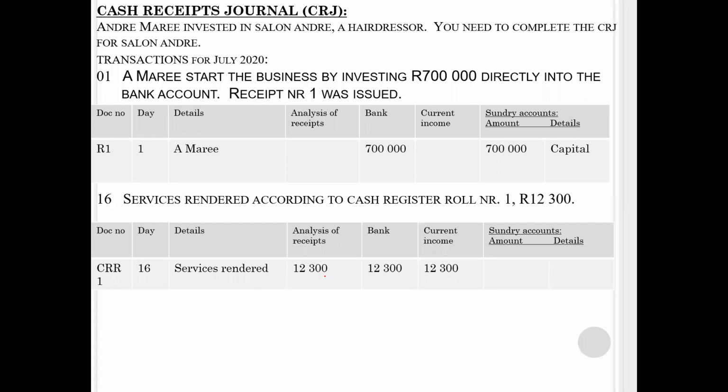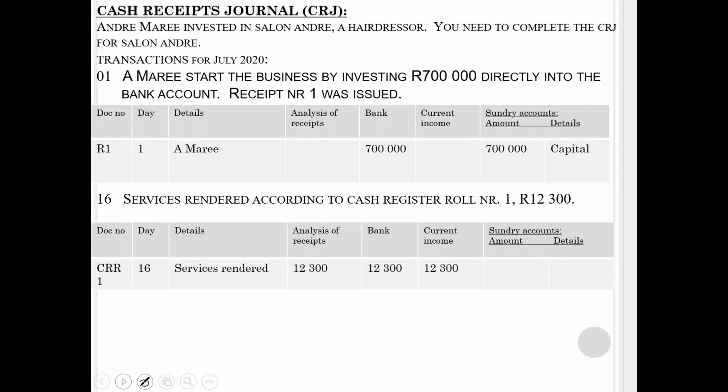It was received at the business, so it's going to the safe, so you're going to write it in with analysis of receipts. It's the only transaction for that day, so you're going to take it to bank. And if you write the words services rendered with details, then you must also write the amount in with current income. In this case, there's nothing with sundry accounts.